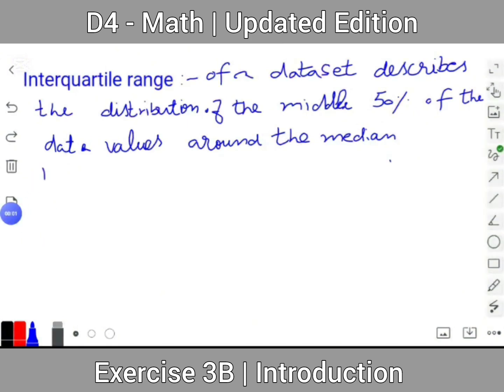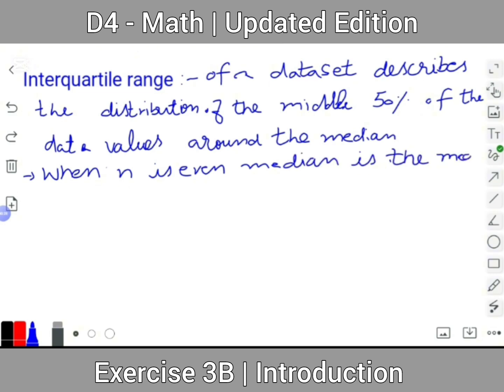Remember, when n is even, the median is the mean of the two middle values.